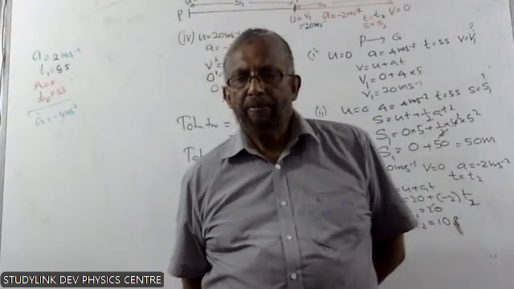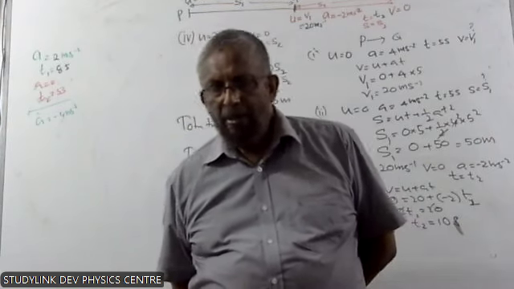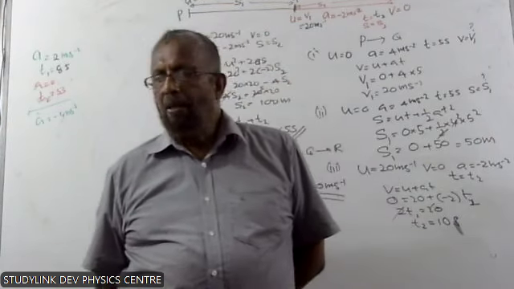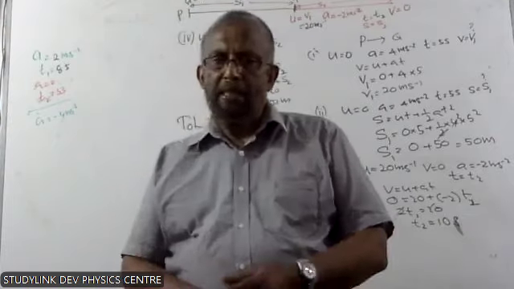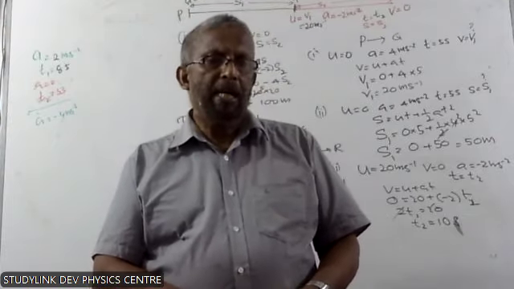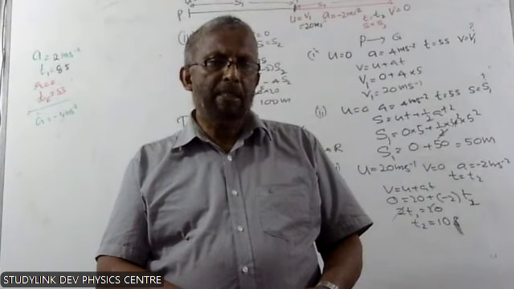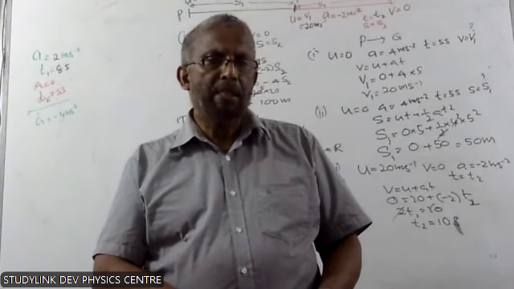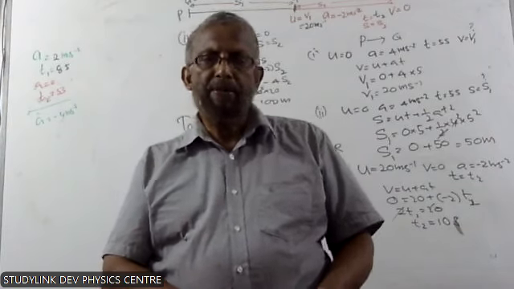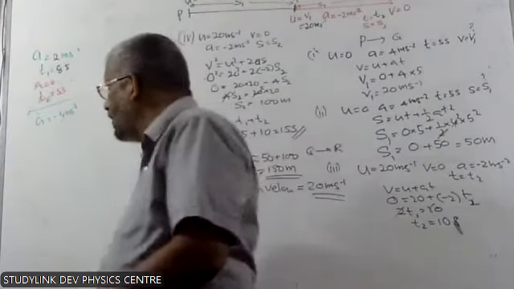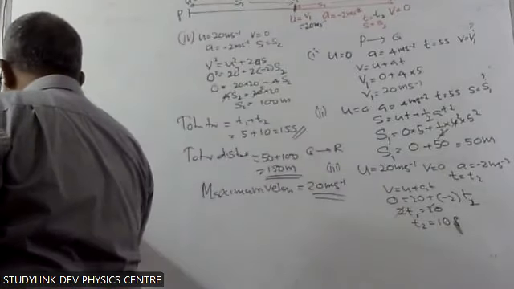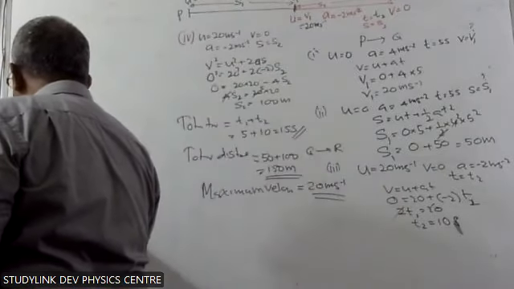Next one, third one. What is the distance the car travels with constant velocity? Distance with the constant velocity.